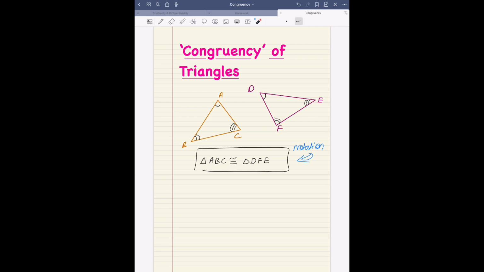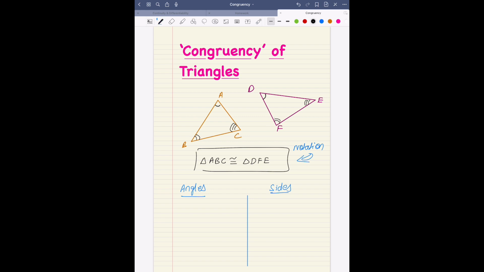When two triangles are congruent, then corresponding angles are equal and corresponding sides are also equal. In this case, angles you already know because we defined them in the beginning. What about the sides? How do you know which two sides are equal? It's very simple.